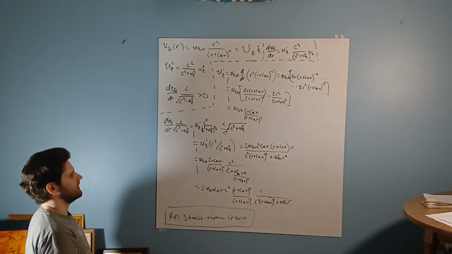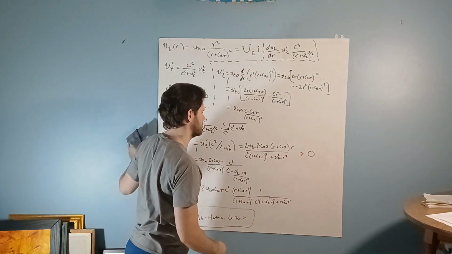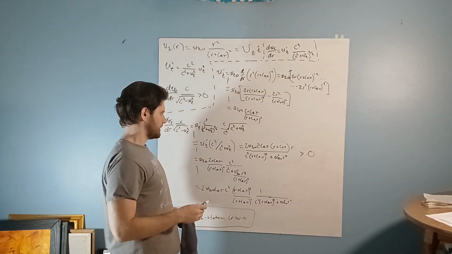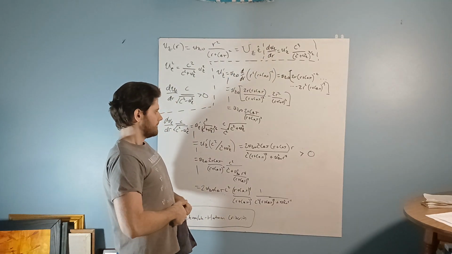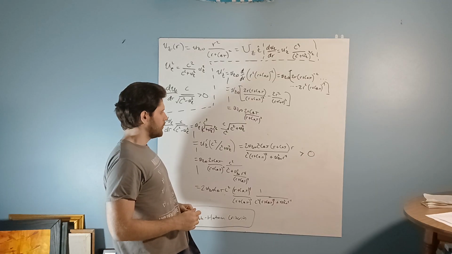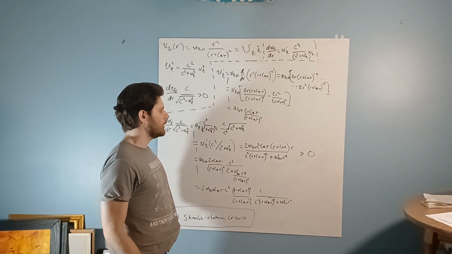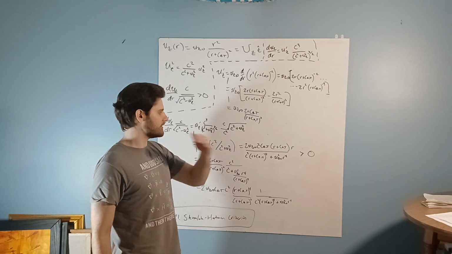That is the left-hand side, and this has to be greater than 0. Let's remember that. Now, when we take the limit as r goes to 0, what we get is 0 greater than 0.